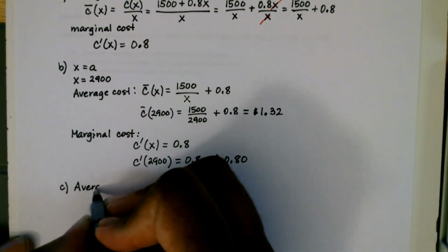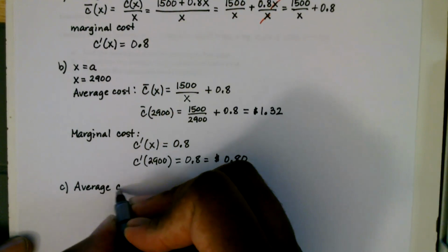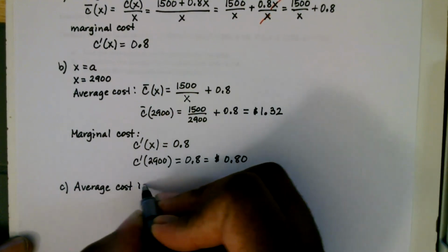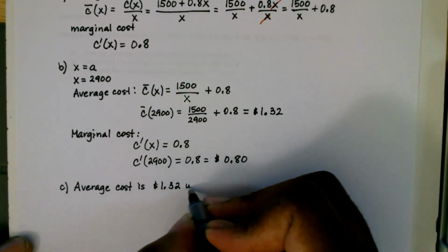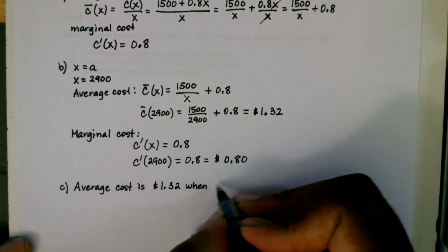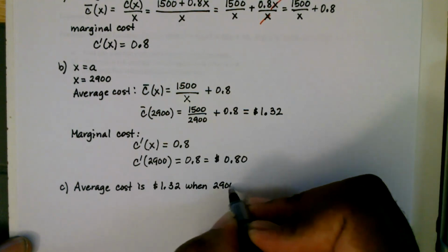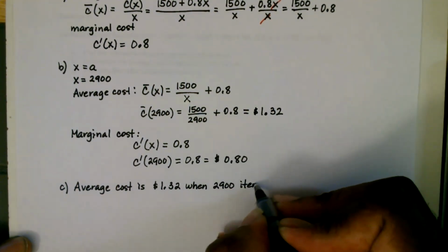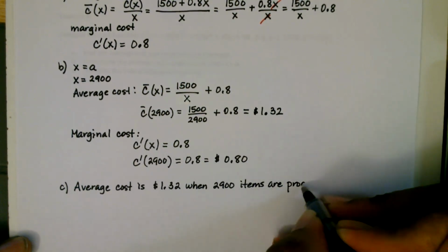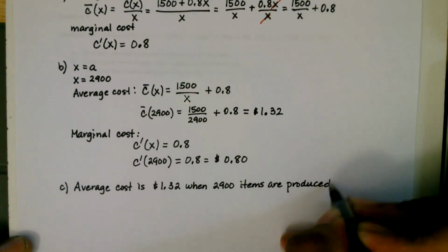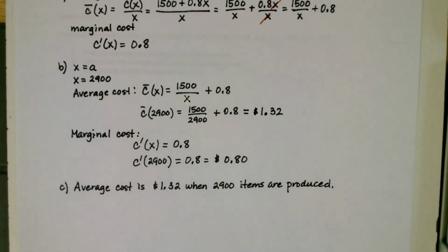What that means here is this: the average cost is $1.32 when 2,900 items are produced. So when you produce 2,900 items, $1.32 would be the average cost.